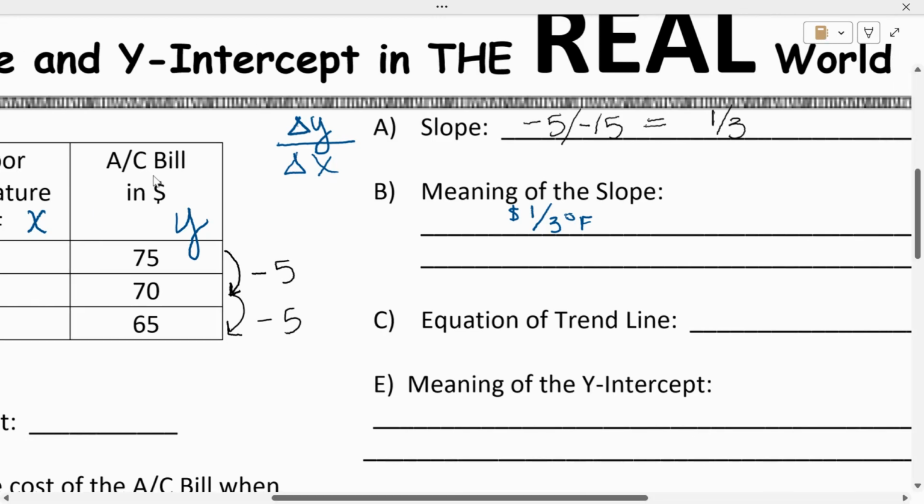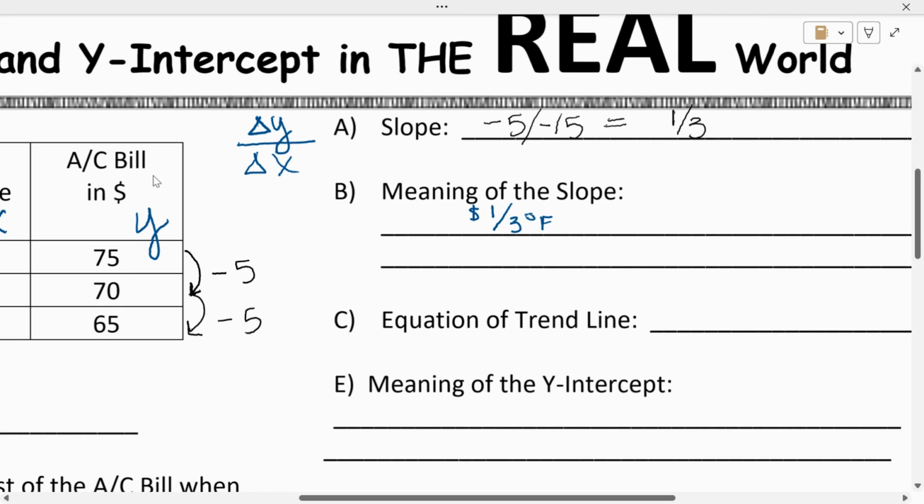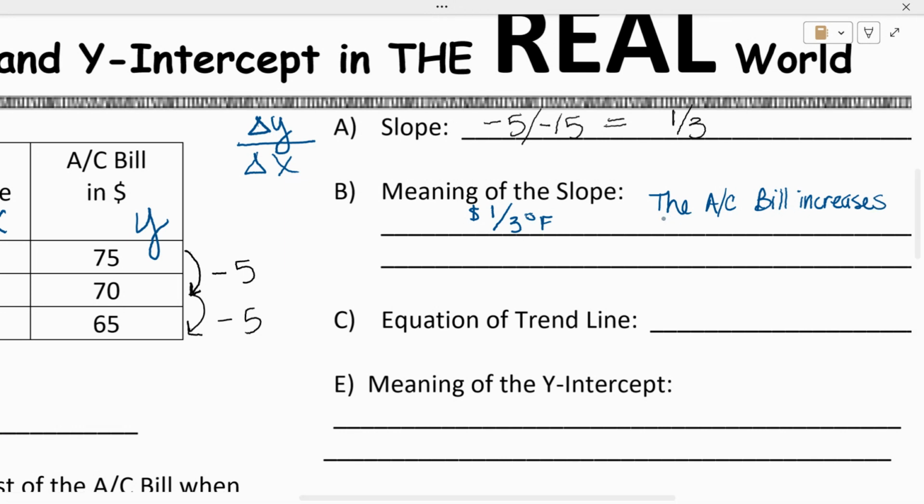What costs $1? What's the change? What are we talking about? Okay. So the air conditioning bill increases because it's positive slope, and it's positive because both numbers were going down. A negative divided by a negative is a positive. So the AC bill increases by $1.